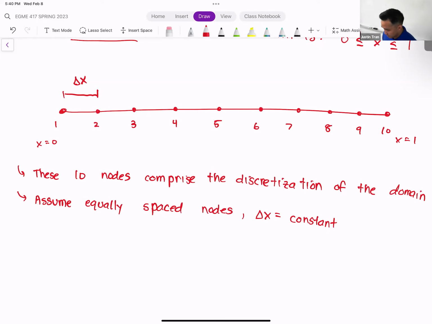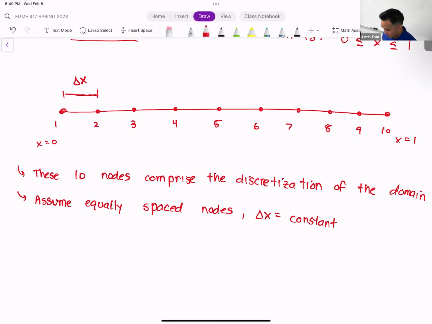And so, you might ask the question of, how many nodes do we typically need to set this domain? Well, it depends on the problem. There are going to be some problems where you need to have a lot of nodes for an accurate solution, and there are some situations where you don't need that many. I drew one somewhat generically now, but when we actually do the example, we'll draw the domain with only 6 nodes.